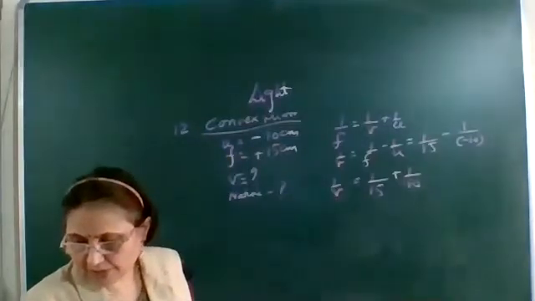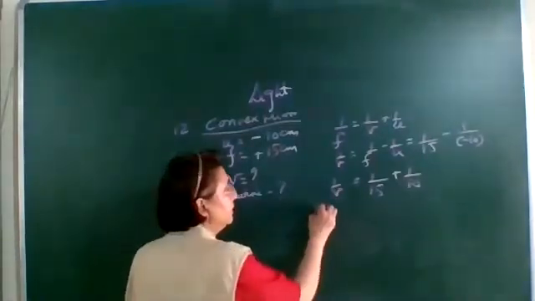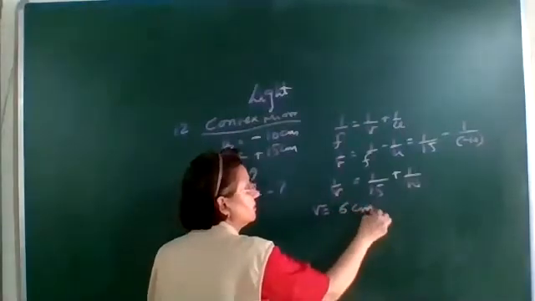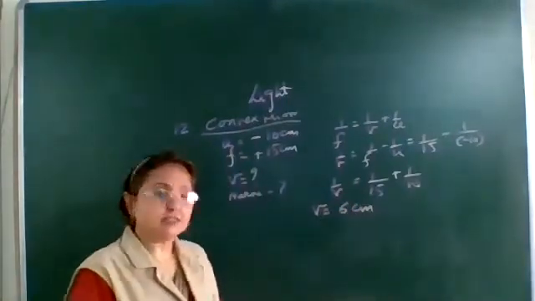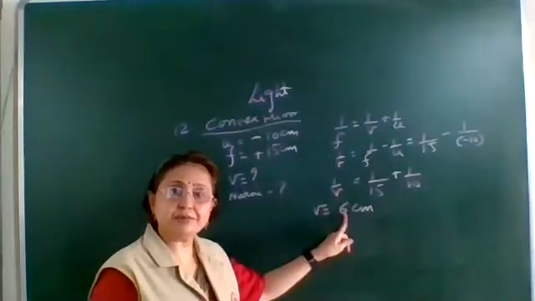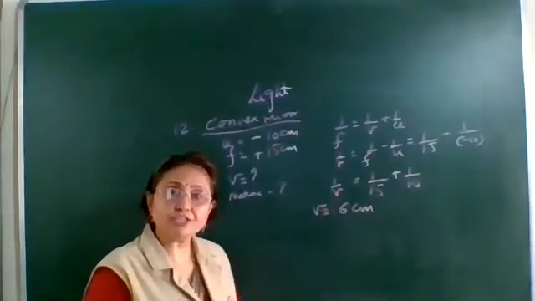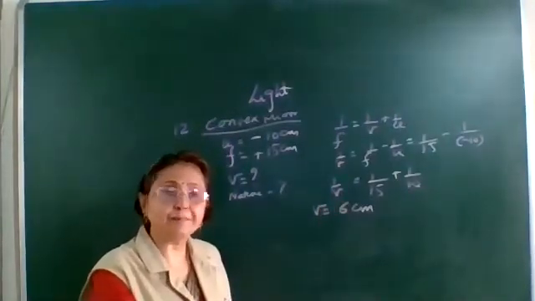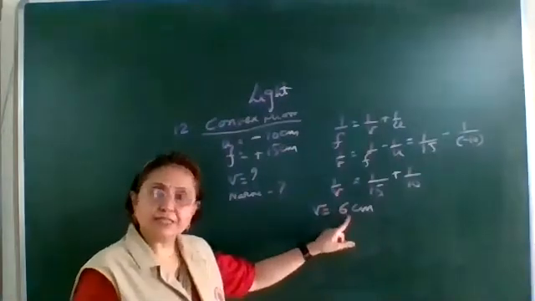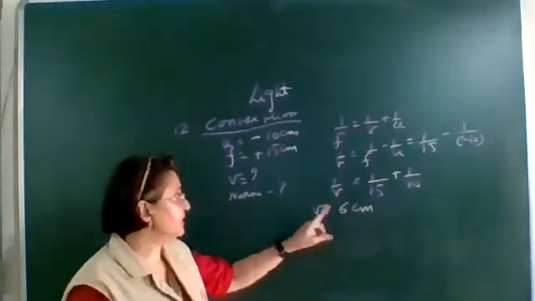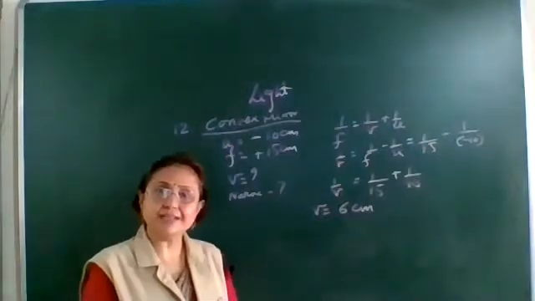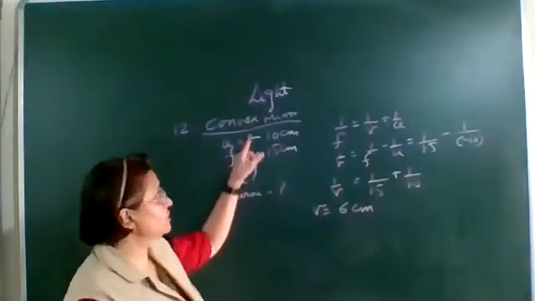On solving it, you get V to be 6 centimeters. So the image distance is 6 centimeters. You are getting it positive, it means the image is formed behind the mirror. Now you have to find out the nature of the image. Now see, which mirror is it?